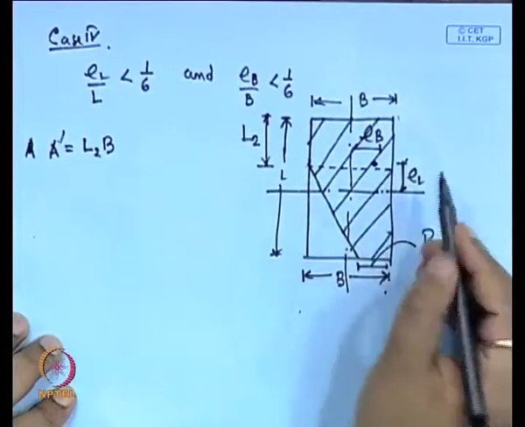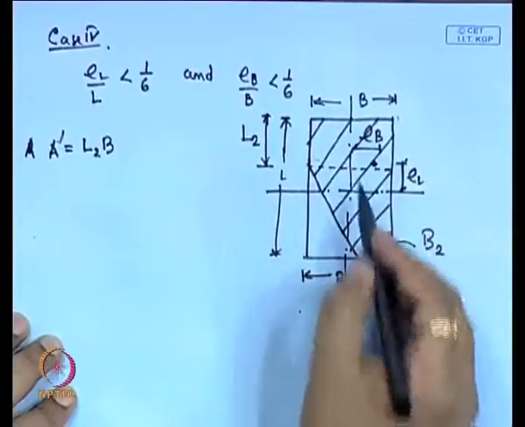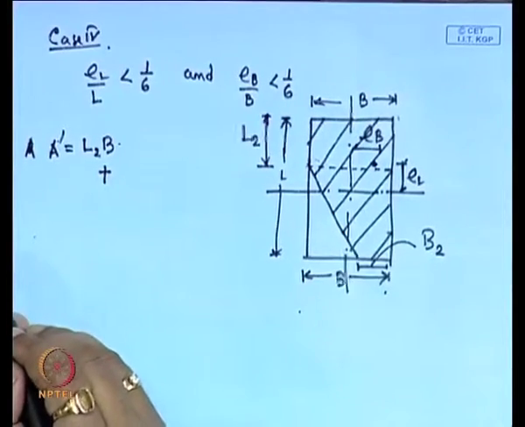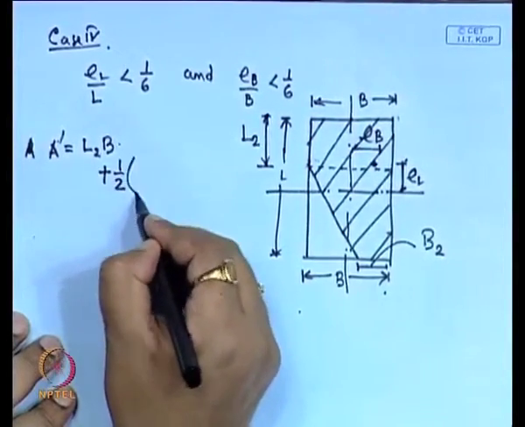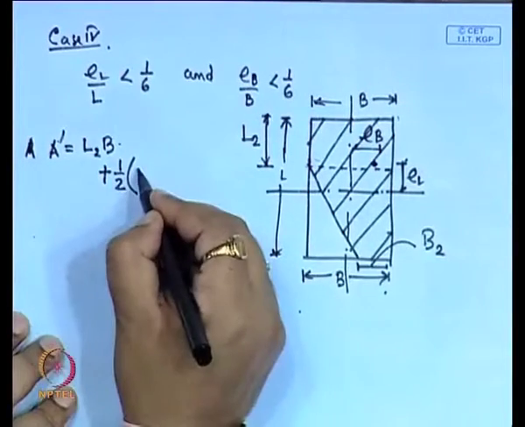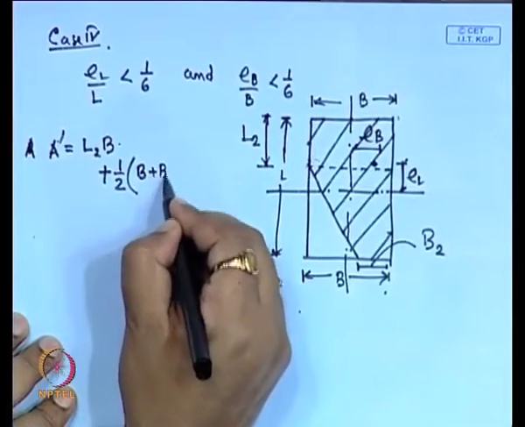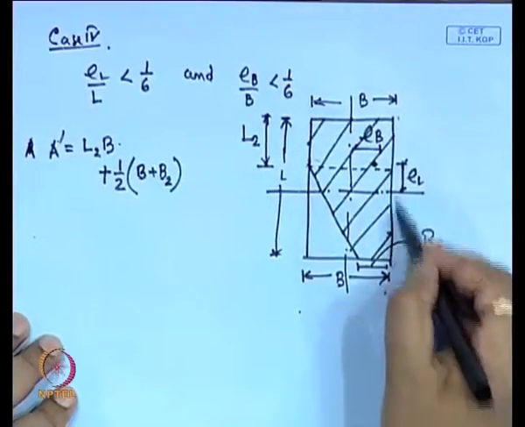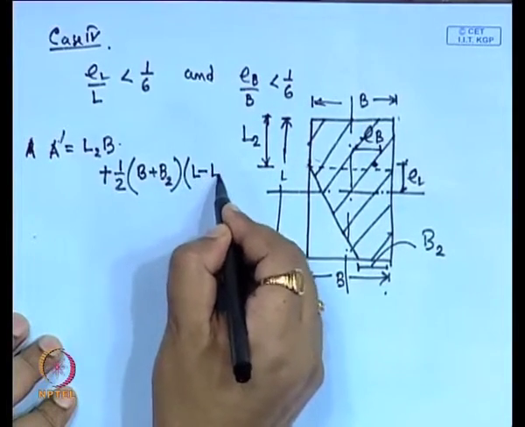So, this one will be L 2 into B, this area, and the lower part will be plus half into B plus B 2, then this additional portion, that is L minus L 2.